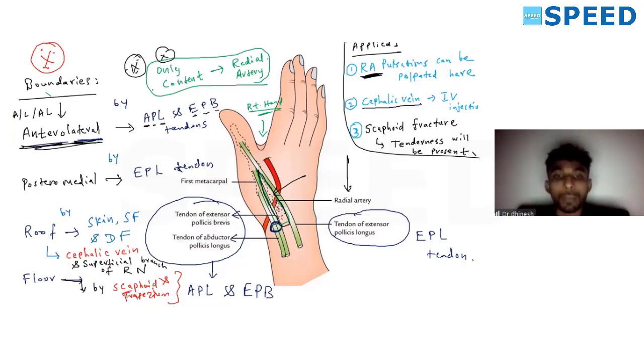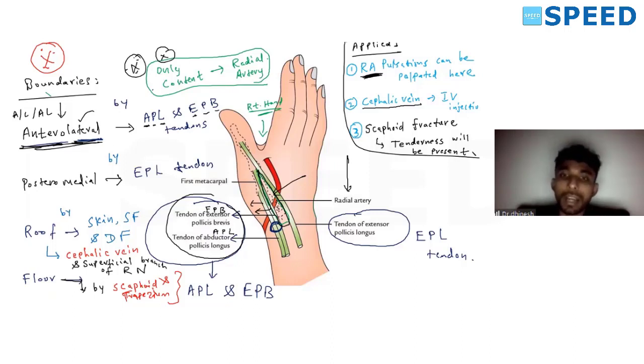As you see here, APL, abductor pollicis longus, and EPB, extensor pollicis brevis, both these tendons together form the anterior, otherwise lateral or anterolateral boundary of the anatomical snuff box.